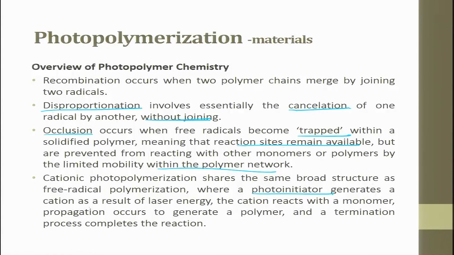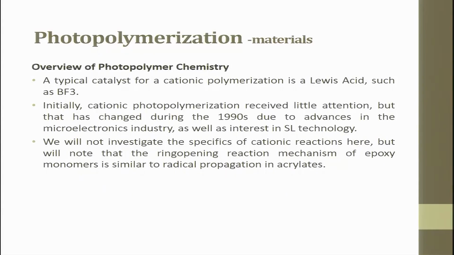The cationic photopolymerization shares the same broad structure as free radical polymerization, where a photoinitiator generates a cation as a result of laser energy. The cation reacts with the monomer, propagation occurs to generate a polymer, and a termination process completes the reaction. A typical catalyst for cationic photopolymerization is a Lewis acid such as BF3.